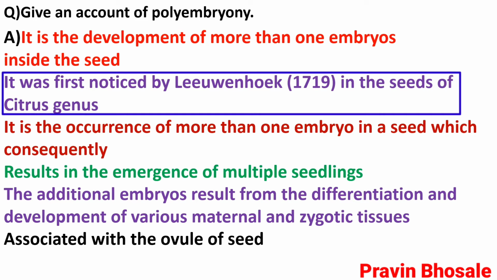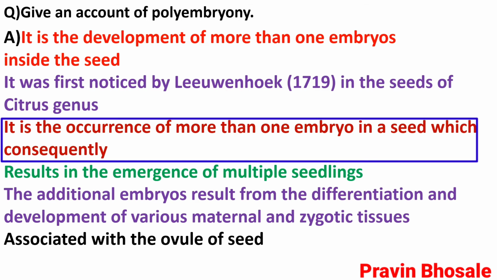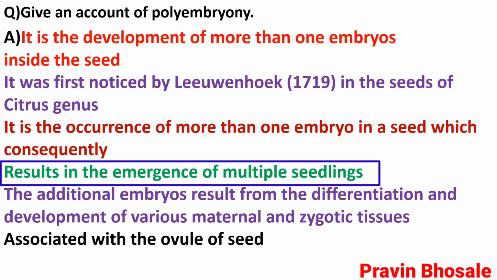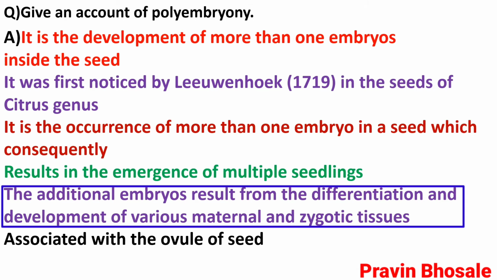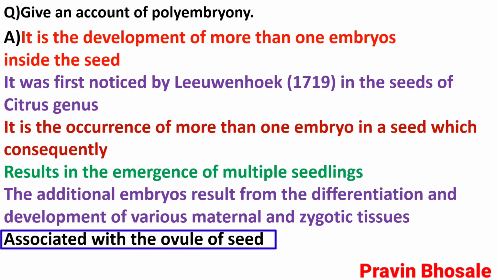Citrus genus. Occurrence of more than one embryo in a seed, which consequently result in the emergence of multiple seedlings. The additional embryos result from the differentiation and development of various paternal and zygotic tissue associated with the ovule of seed.